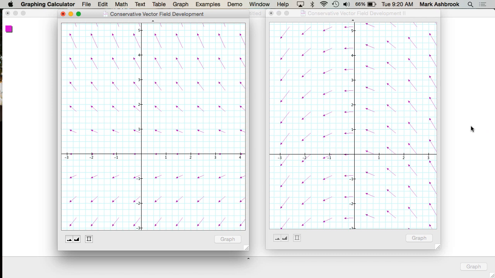Again, from plus or minus x, plus or minus y, plus or minus 1, and 0. Those are your possible components. Just figure out what these two vector fields are.